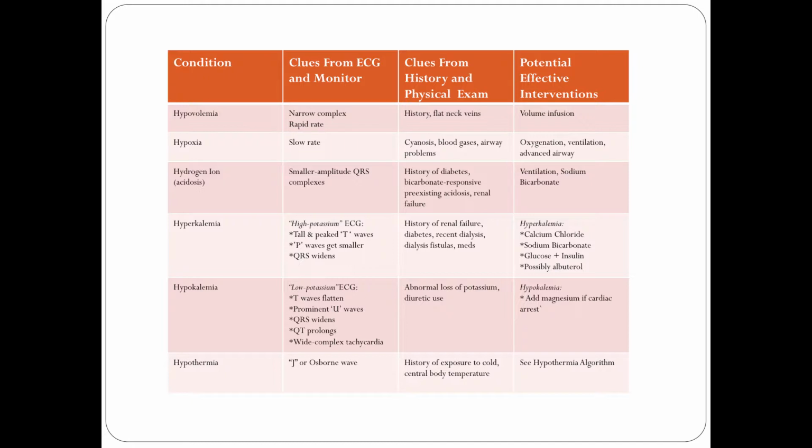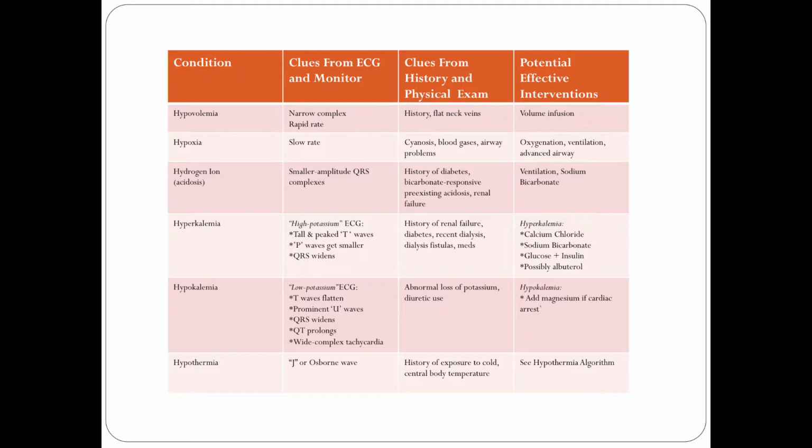You can possibly give them a continuous albuterol treatment, which also removes potassium from the blood, which will reduce the high potassium levels. You may have some of that in your protocols. So we give them calcium chloride, and we can try continuous albuterol treatment through the tubes.